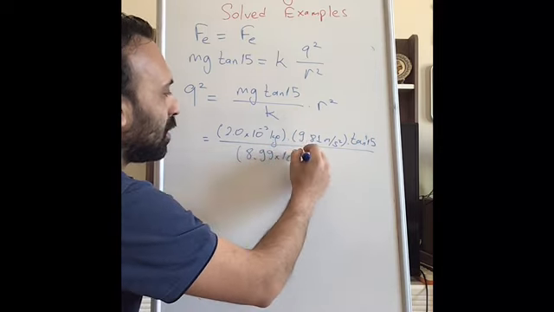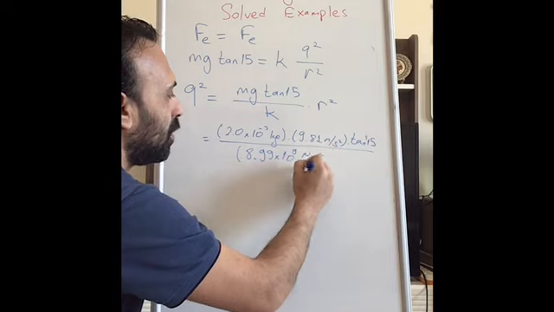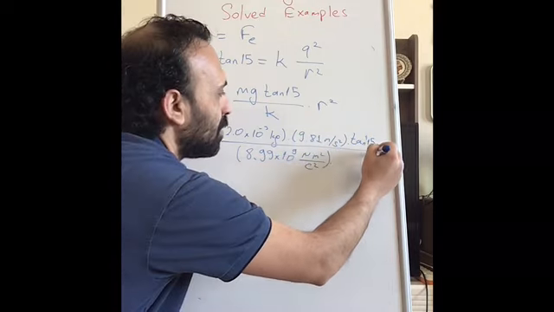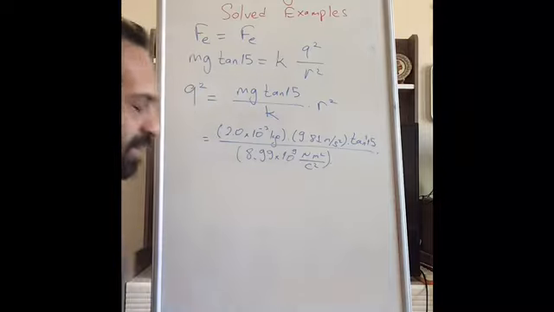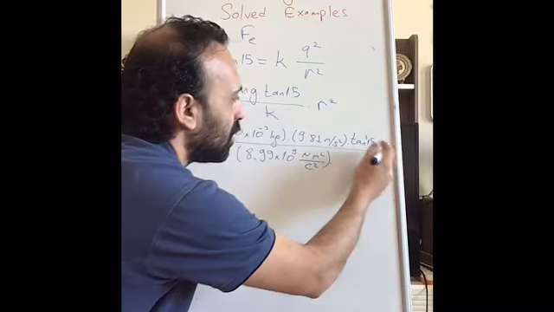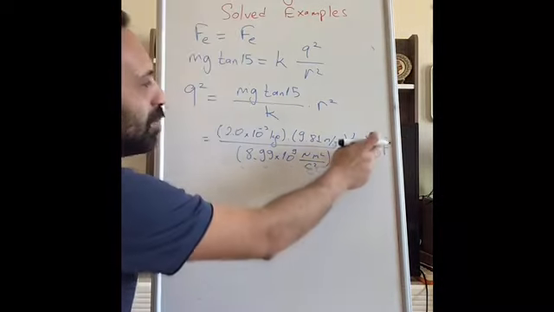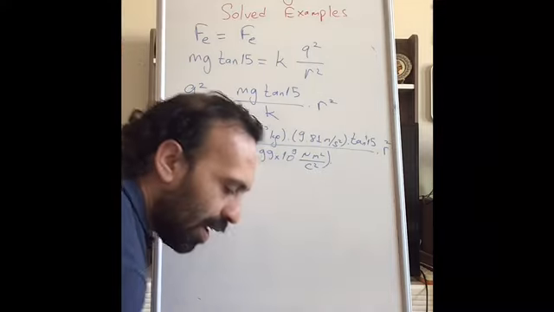What was the unit? Newton meter squared per Coulomb squared, and times r squared. R squared is 0.15 meter, so I don't have space, I just put r squared here, but r is equal 0.15 meter.